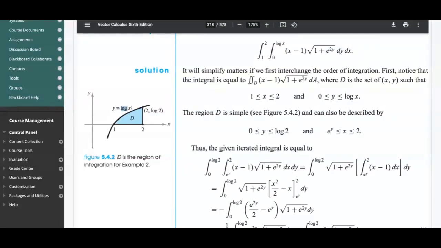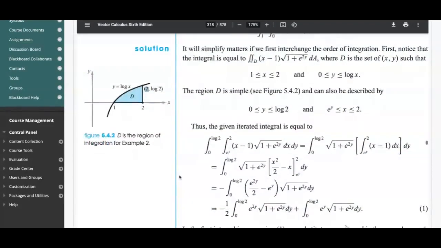So x equals e to the y. The lower limit of x is e to the y. What's the upper limit? The upper limit of x is 2. That's the crucial part of changing the order of integration. We draw the picture of the region, then we represent the region another way.